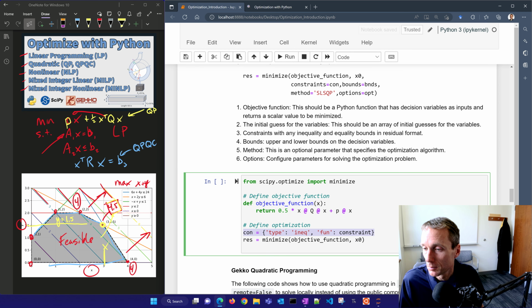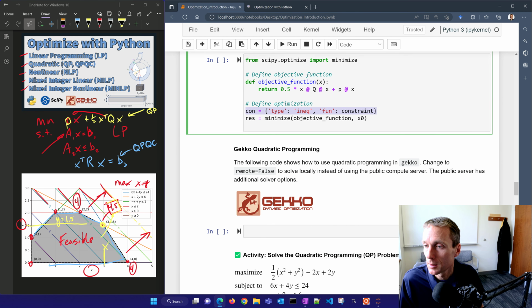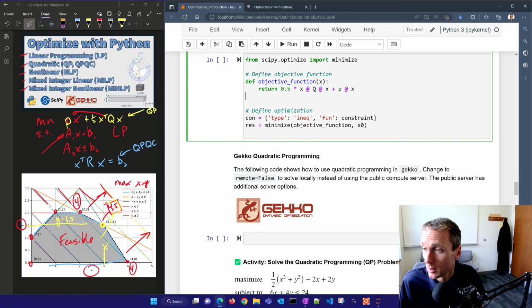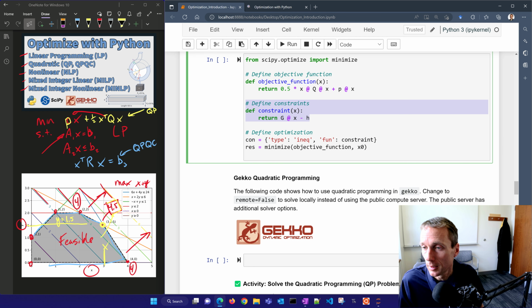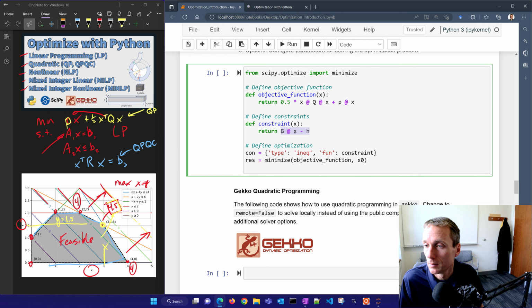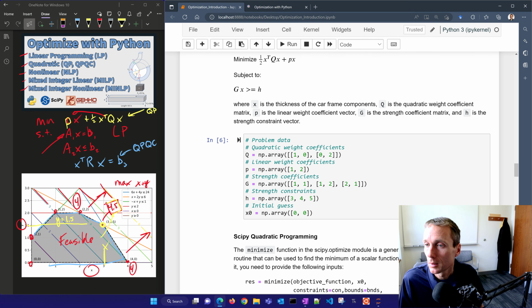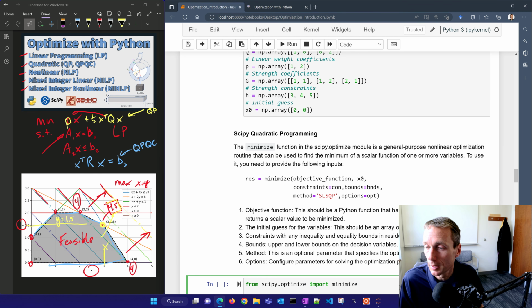We're also going to define our minimize function, and we'll put our objective function there with our initial guess. We also have some constraints, and this is going to be an inequality function. So let's go ahead and define that. Okay, so here's our inequality. I put everything onto one side of the equation. Okay, so you can see that's g of x, g times x is greater than or equal to h.